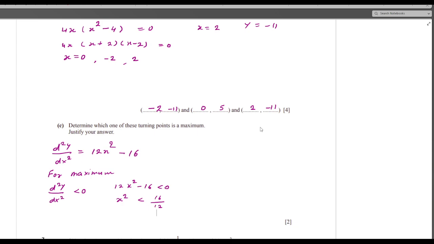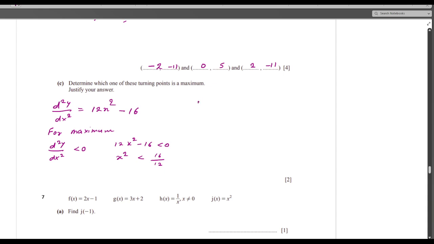If I take minus 2 or plus 2, definitely they are greater than this. So your maximum point here is 0 comma 5. So therefore the maximum point is 0, 5. Okay, there are different ways to work out.